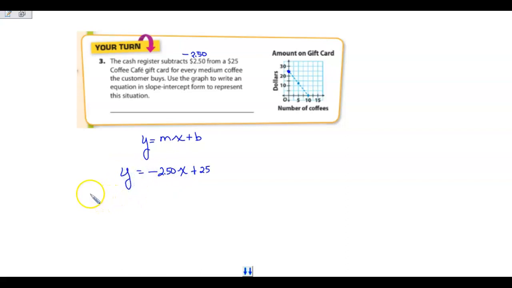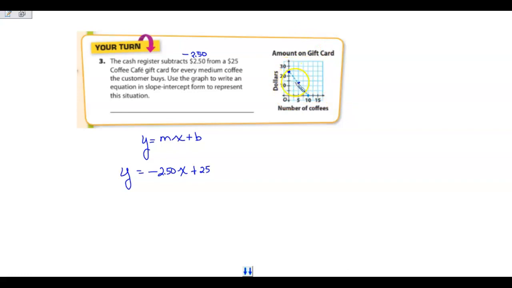And there's your equation. If I were to do it just from the graph, I know that it's going down, let's see, that's 10, 20, and a half. And it's right there. And when I simplify that, that is 2.5.